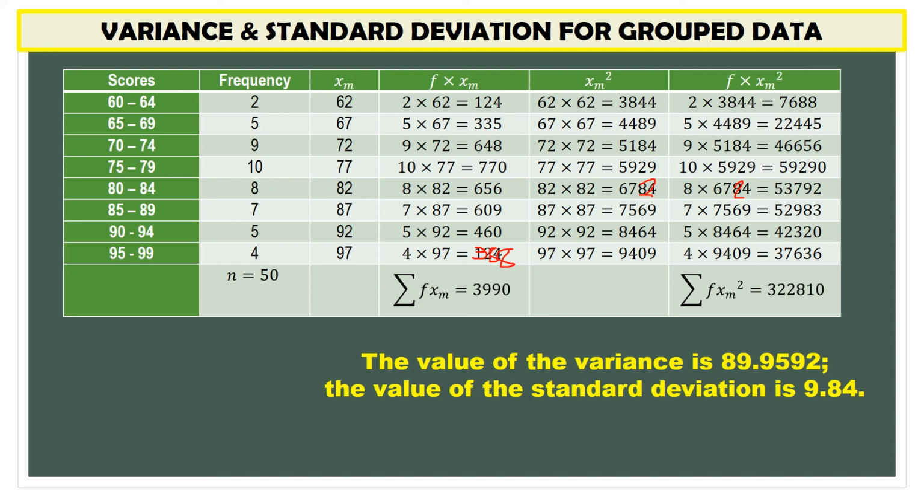Then 4 times 9,409 is 37,636. Finding its sum, adding all of them, is 322,810. This is correct.